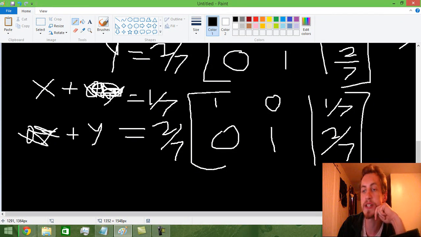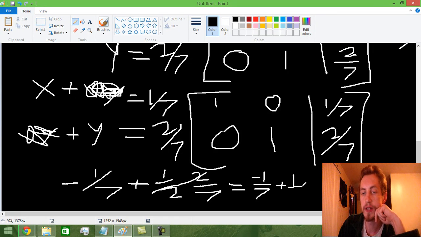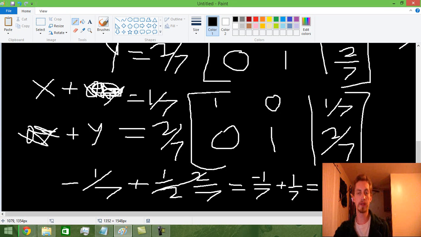And you can see that's absolutely correct if we plug them back in, because 1 seventh plus 1/2 times 2 sevenths, this is negative over here, cross those two out, this is just 1 seventh now, equals negative 1 over 7 plus positive 1 over 7 equals 0. So that's how you reduce to row echelon form over here, and it's much, much faster than doing your regular old equation stuff.